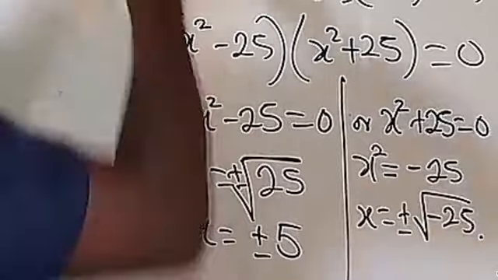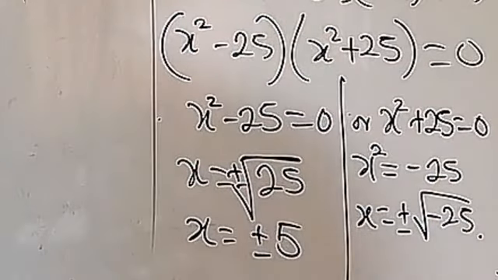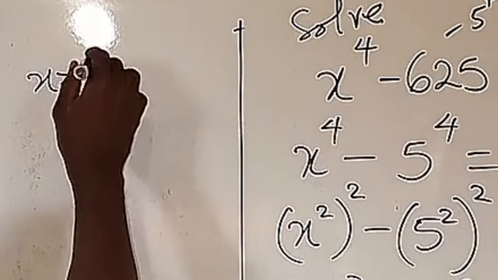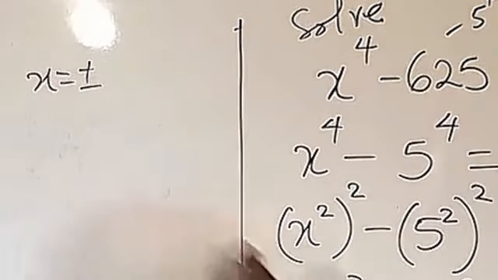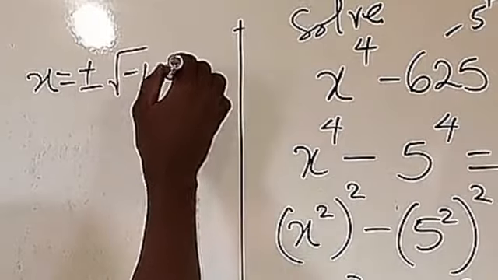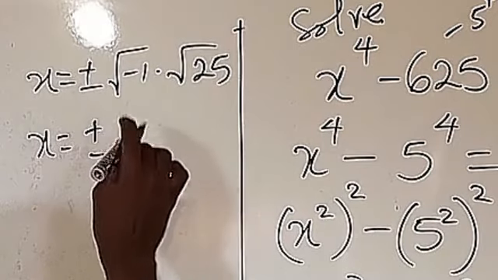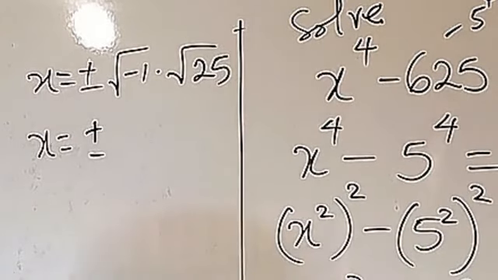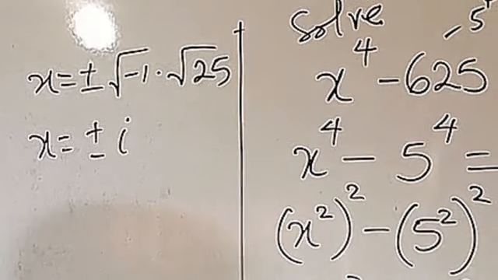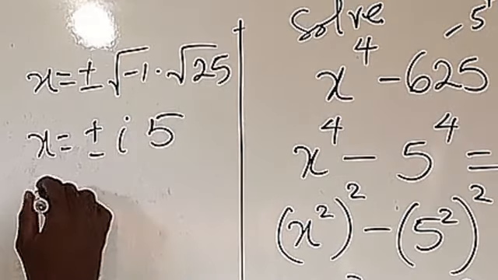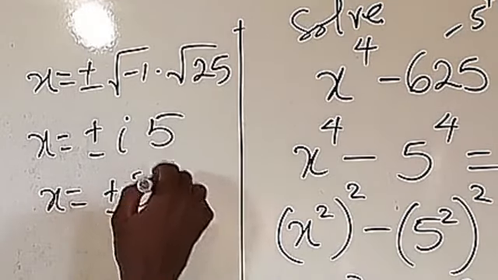To simplify further, this can be written as root of minus 1 times root of 25. The root of minus 1 is the same thing as i, our imaginary number, and the square root of 25 is 5. So x is plus or minus 5i.